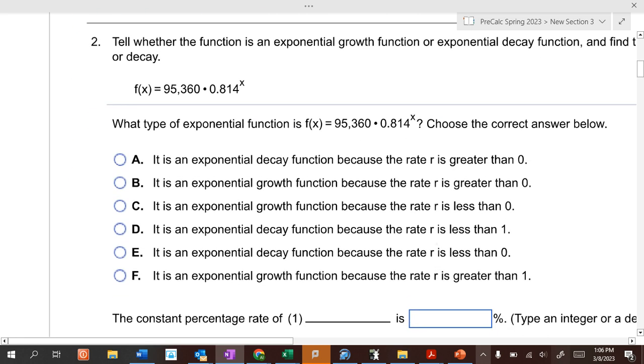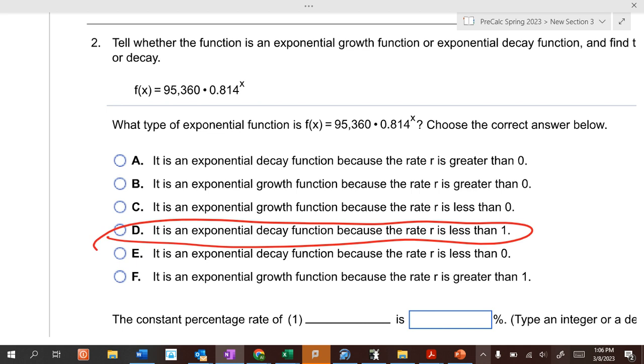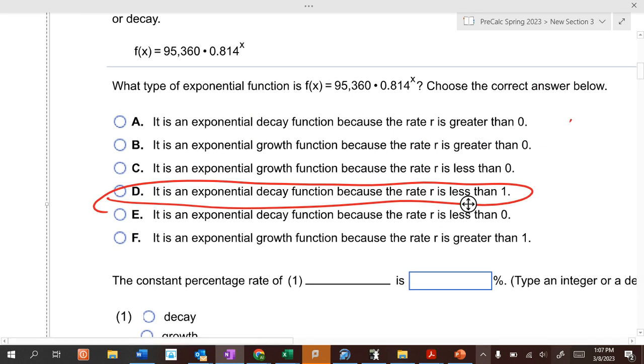Okay? So the exponential growth of this one would be, it's actually exponential decay. Exponential decay because r is less than 1. And it's greater than 0, less than 1. And then what is 1 minus 0.814? 0.186.